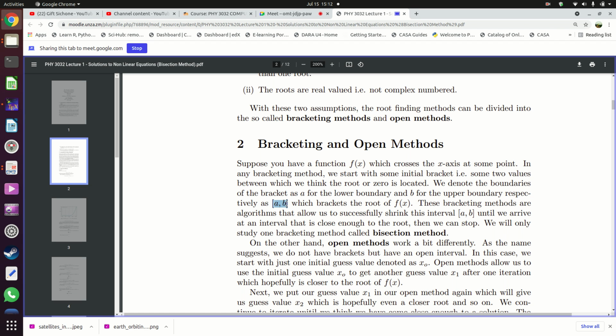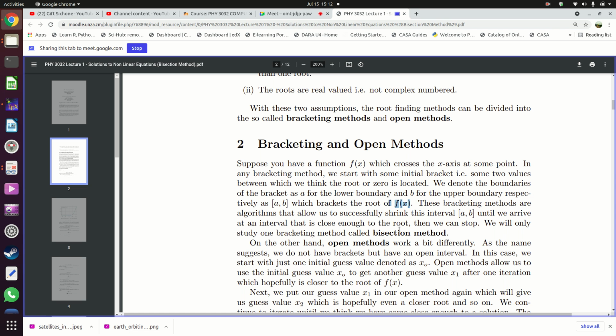As you choose this bracket, you make sure that this function f of x actually has an answer inside this bracket. It crosses the x-axis within this bracket you have chosen. If that's the case, then you can start shrinking the bracket. You can start making the bracket smaller and smaller until it's small enough that A and B actually hug the function where it crosses the x-axis.